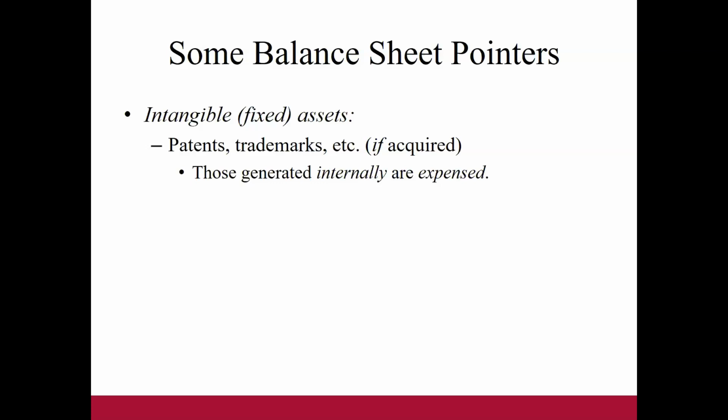In other words, if I am a pharmaceutical firm like Johnson & Johnson and I see a young firm that has these patents, and I go ahead and buy the firm out, all the patents they own end up on my balance sheet. That's what happens when I acquire a patent. You might be surprised to know that if I were working on that same patent myself using my own labs and R&D, all that money would end up getting expensed, so those patents never show on the balance sheet. All of it gets expensed.